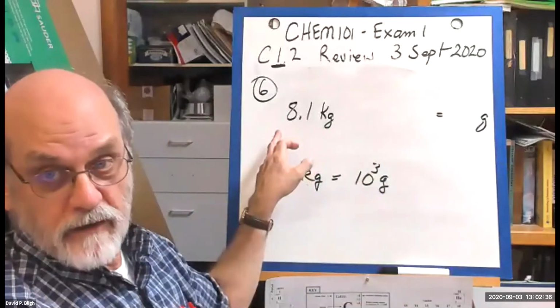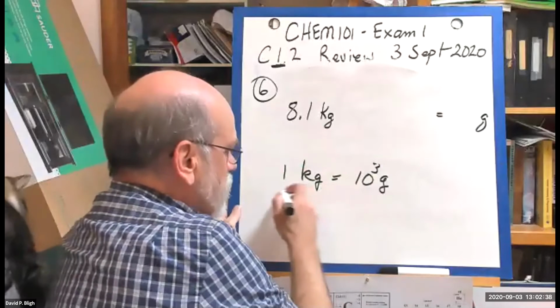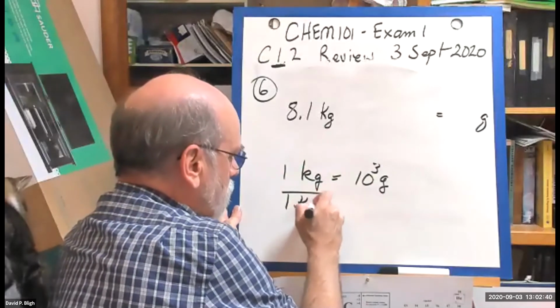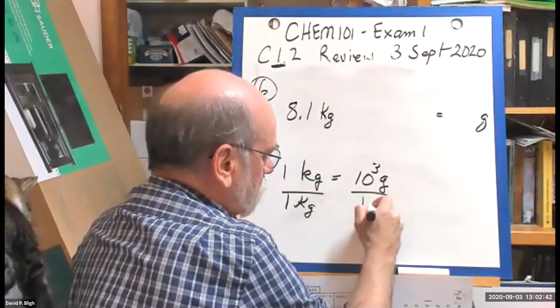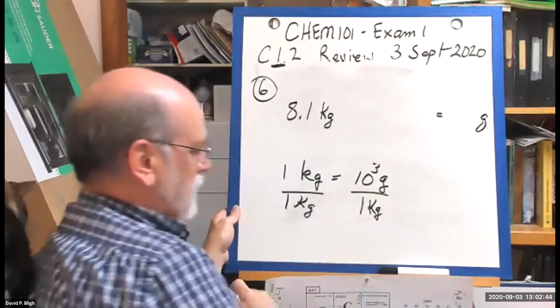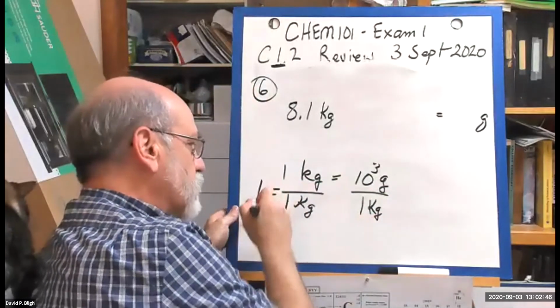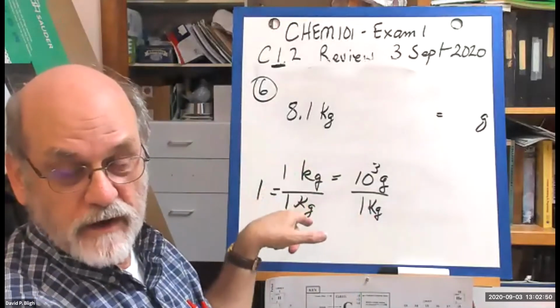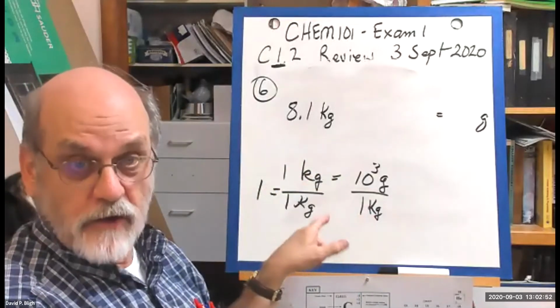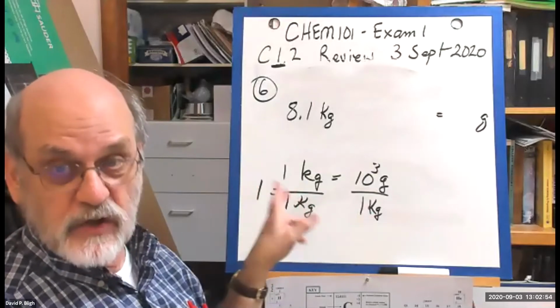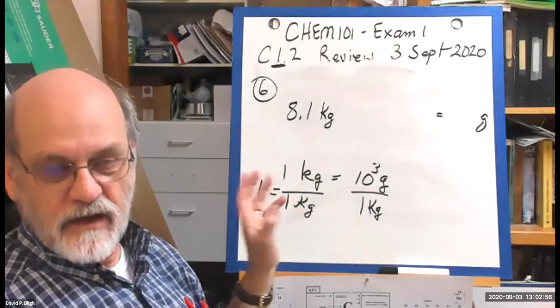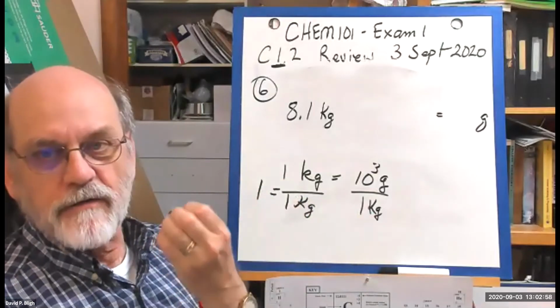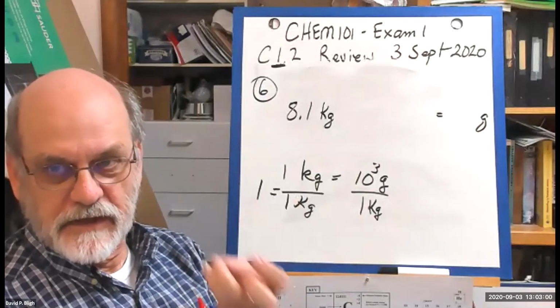So we need kilograms on the bottom. Okay, so this is equal to 1, right? A number divided by itself is 1. A unit divided by itself is also 1. Don't forget to divide the units, because that's the heart of dimensional analysis, the units of measure.